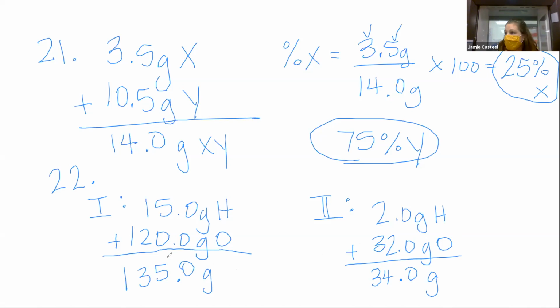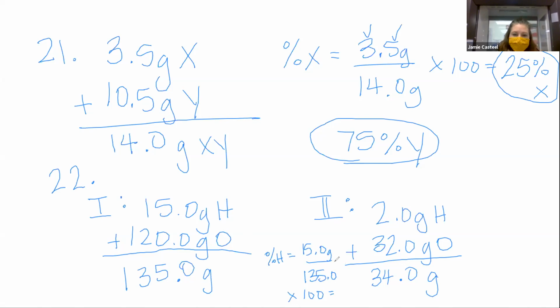Are we okay? Get your total mass. For my percent of hydrogen here, I'm going to put the mass of hydrogen, so that's 15, over the total mass, 135, and I'm going to multiply that by 100. 15.0 divided by 135.0 times 100. I did not click the times button.